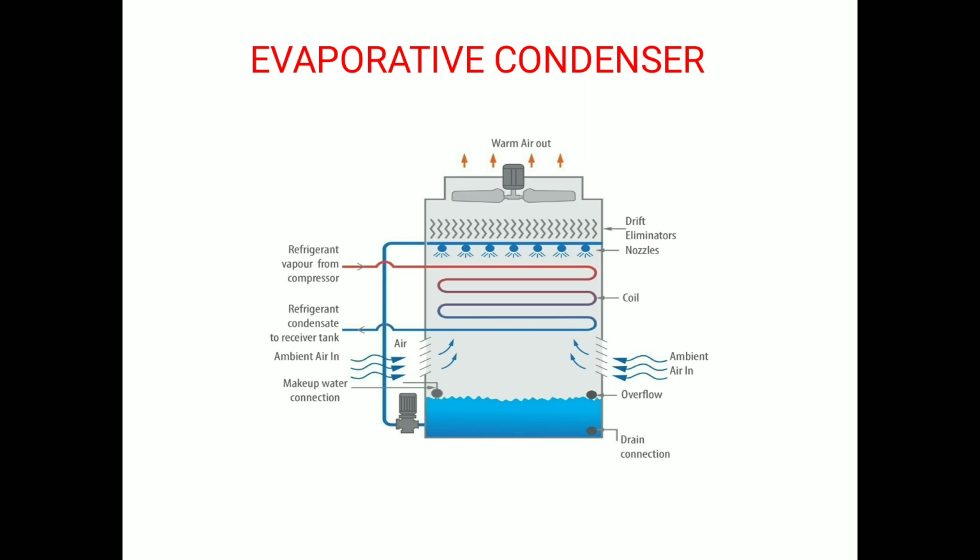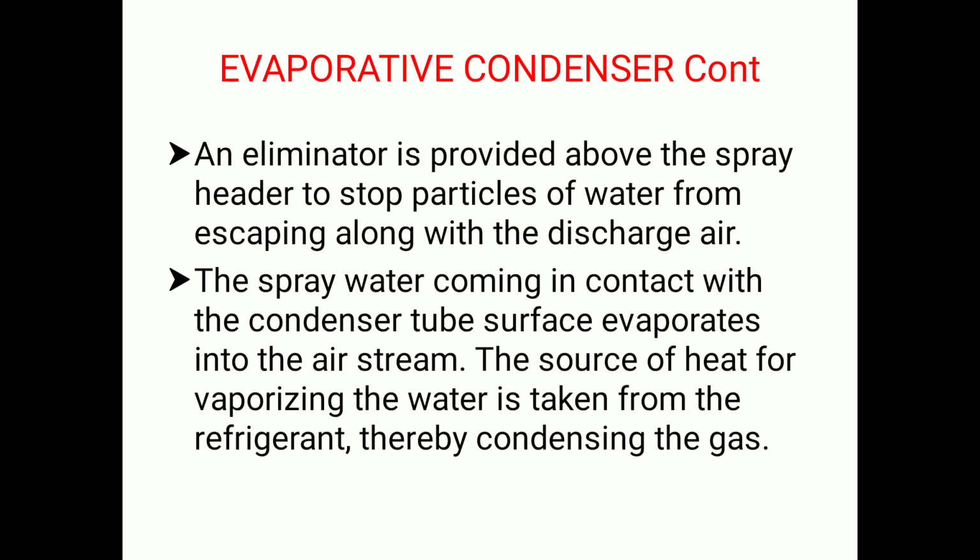You can see the eliminators right over there to remove the water particles escaping out. The spray water coming in contact with the condenser tube surface evaporates into the air stream. The heat for vaporizing the water is taken from the refrigerant, thereby condensing will take place.